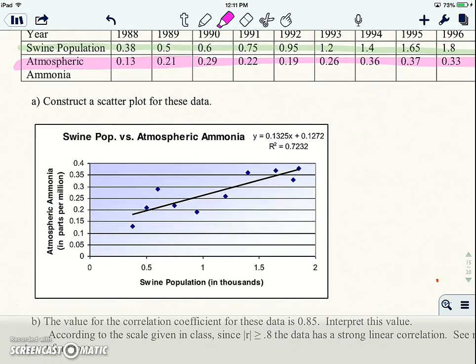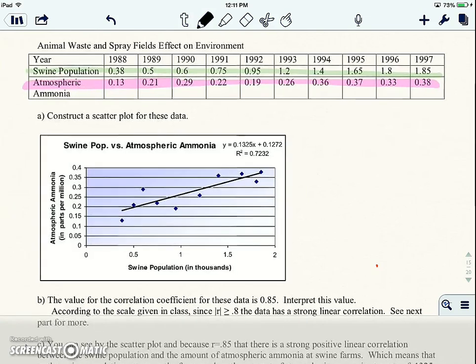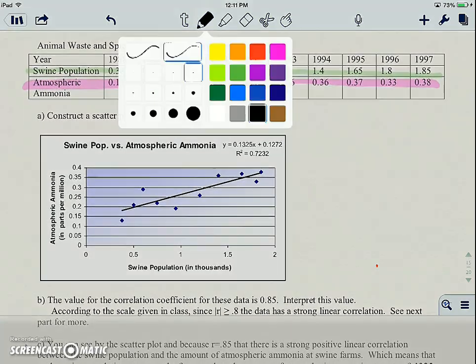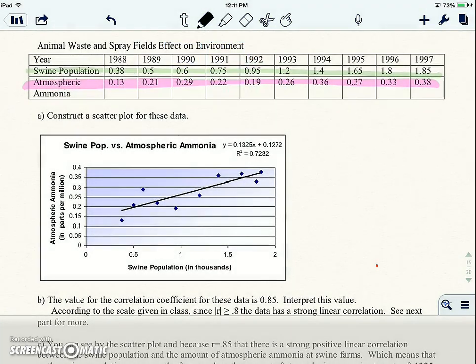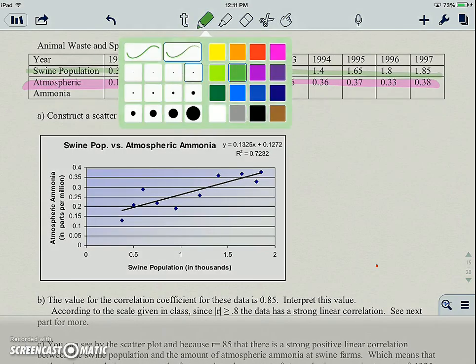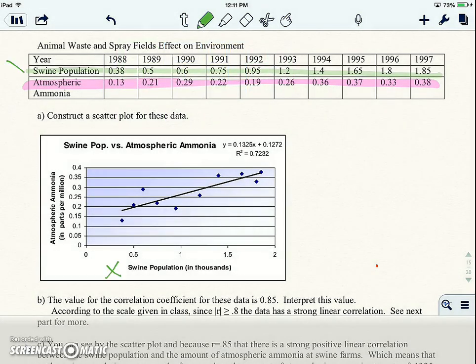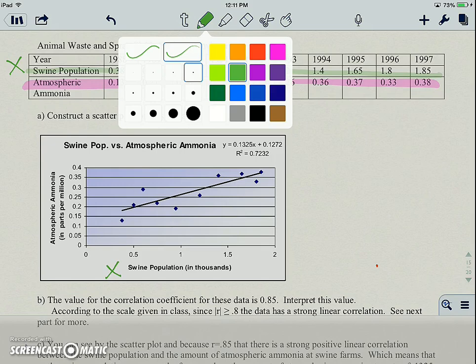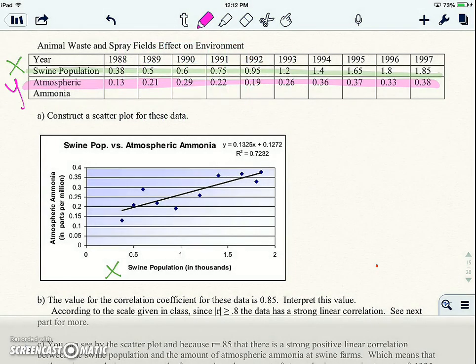So we can see that with 0 atmospheric ammonia, or actually, let's see. So what are we saying? We're saying that they're thinking that the swine population may be contributing to the amount of atmospheric ammonia because swine poop and poop makes ammonia.